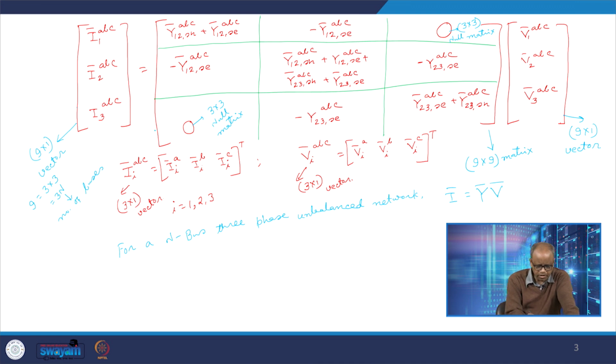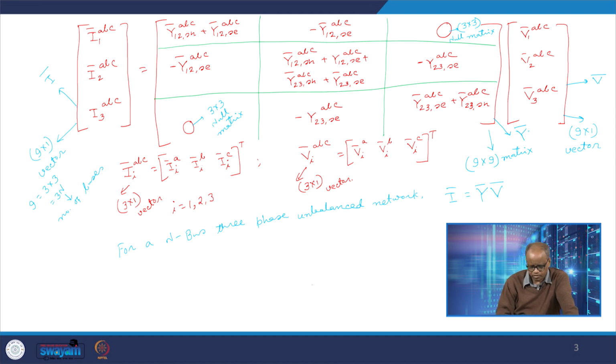So this big vector is being called I, this vector is called V, and this matrix is called Y, right?